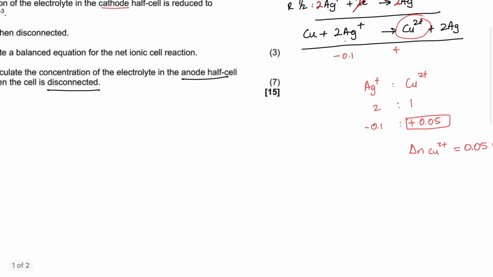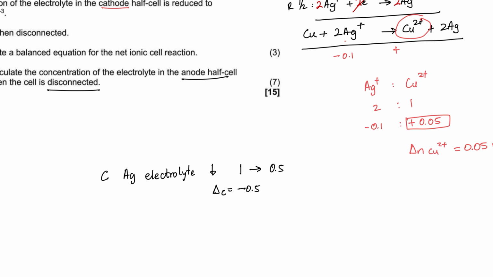So what we can do here is we can say that the concentration of the Ag+ electrolyte decreased. It went from 1 to 0.5. So it decreased by 0.5. So the delta in the concentration was minus 0.5.